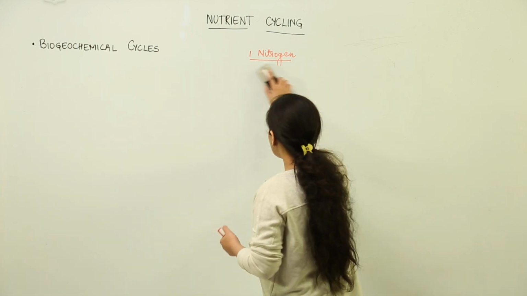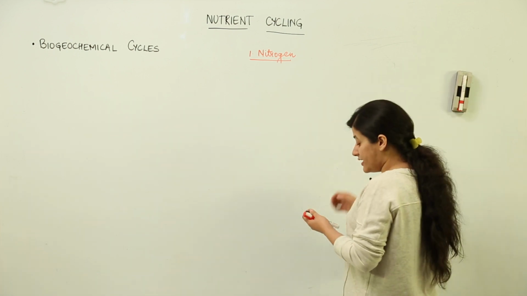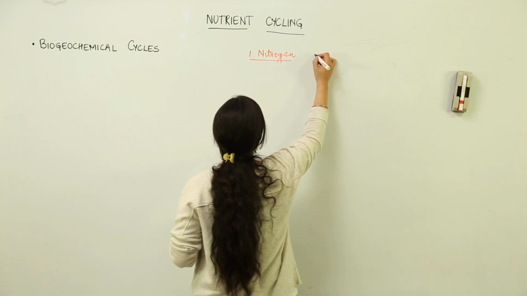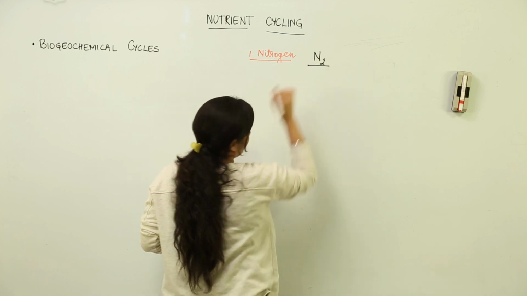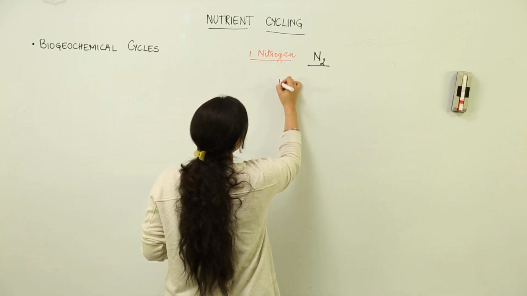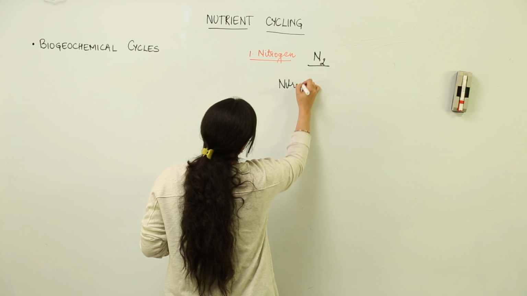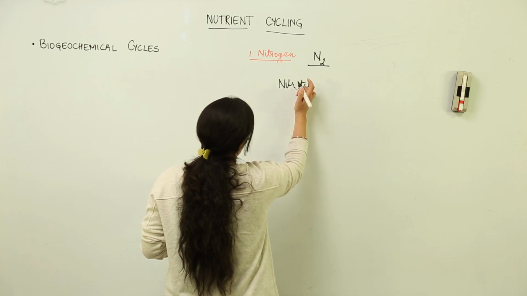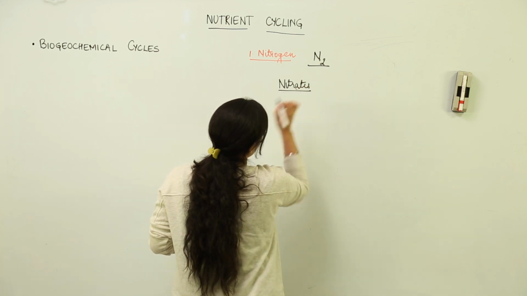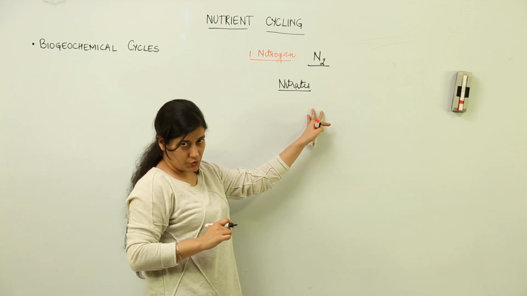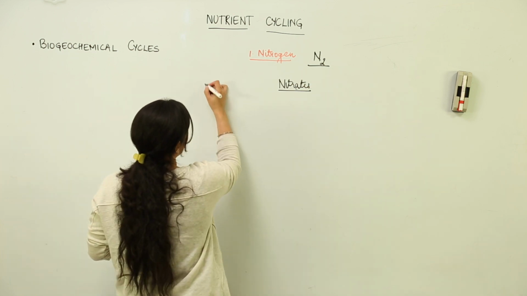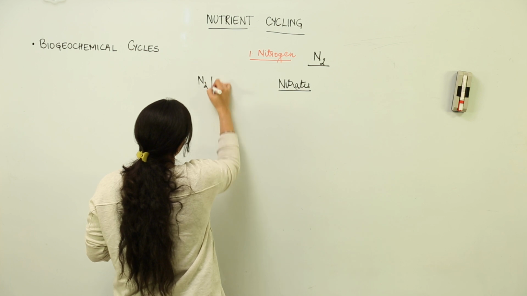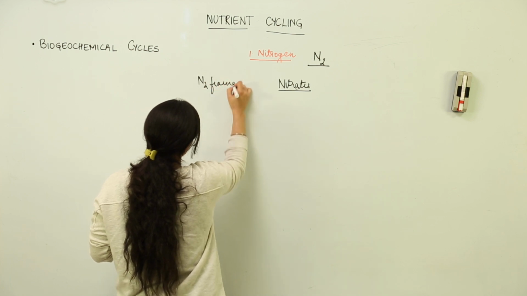So what we need to understand in nitrogen cycling is that nitrogen is present in the form of N2 in air. It has to be converted to nitrates. We have abundant nitrogen in air that has to be converted to nitrates with the help of nitrogen fixing bacteria.